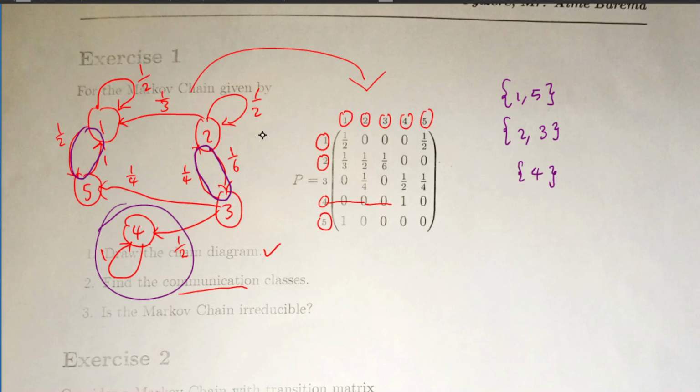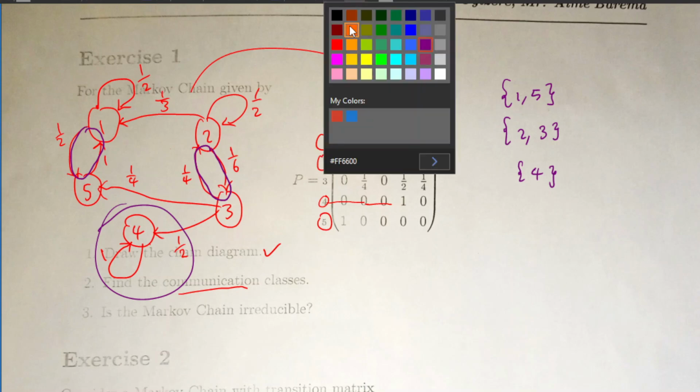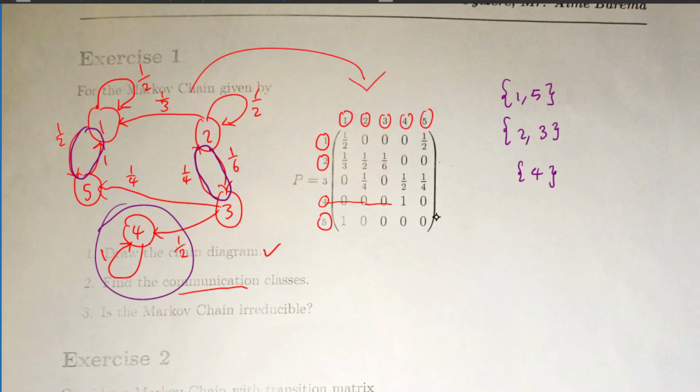Or maybe let me just give an example here so that you get a feel of the issue of classes. So maybe you have 1, 2, 3, 4, like that.